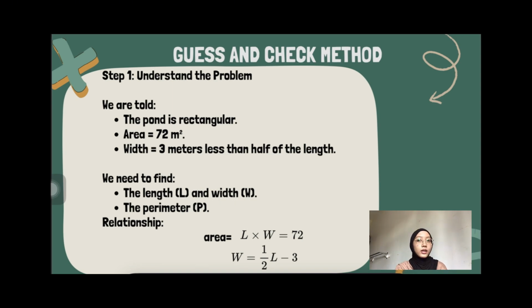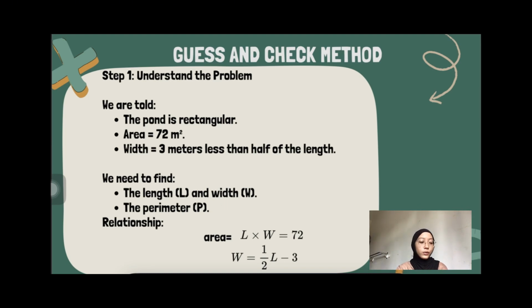Let's see step 1. We need to understand the problem. We are told that the pond is rectangular, the area is 72 square meters, and the width is 3 meters less than half of the length. So, what do we need to find? We need to find the length, the width, and also the perimeter.